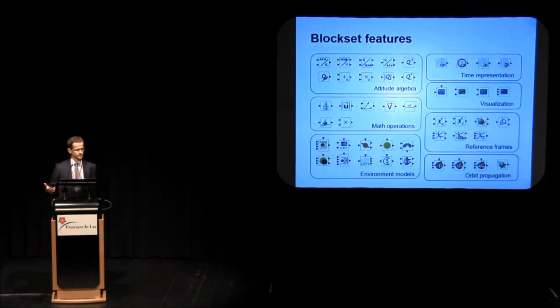I don't want to go into details, but those are some of the Aerospace Blockset features. You are able to perform basic algebraic operations that you may need in attitude dynamics. It is supporting quaternions, direction cosine matrix, and Euler angle and axis. It is possible to calculate various time representations that you may need.